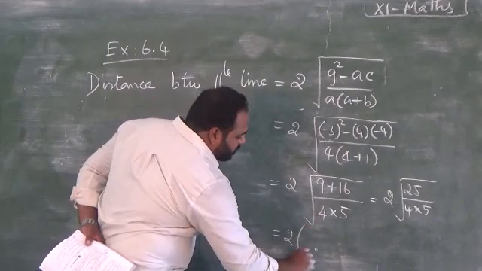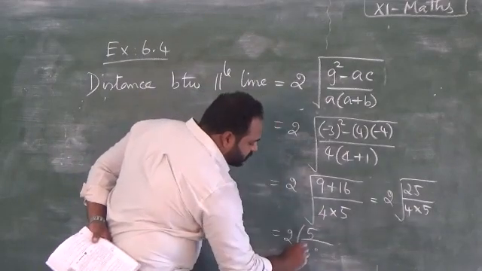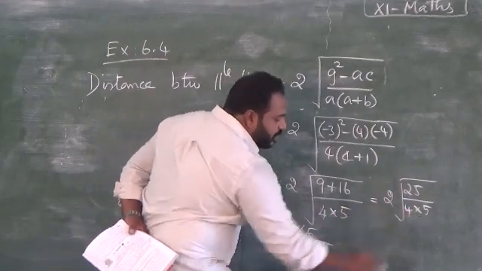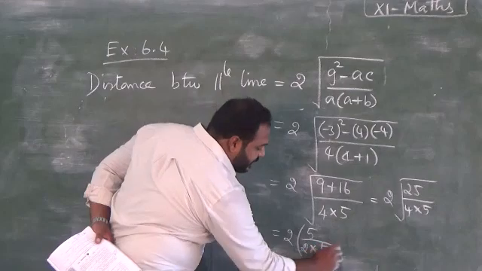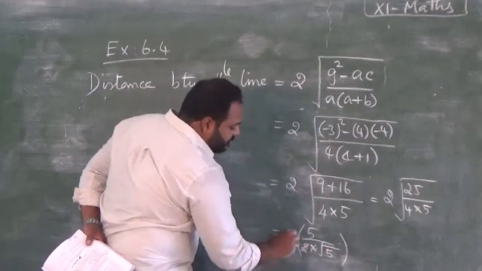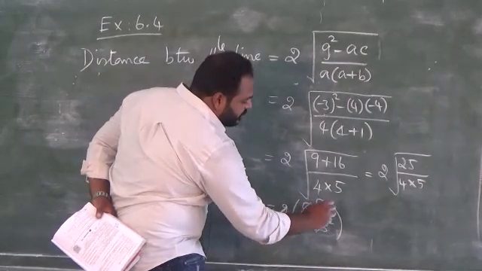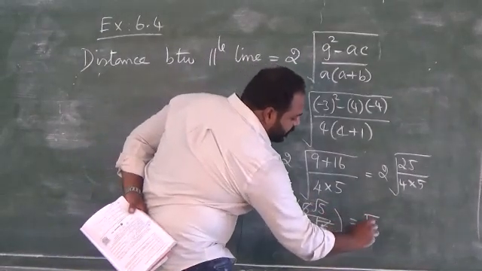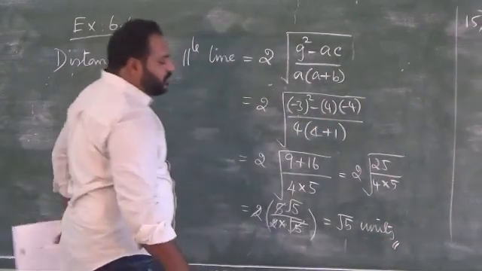Root 25 is 5 divided by 4. Square root, 2 into 5, we can't take square root for 5. So, I am going to write as it is, root 5. Here we have a cancellation. Root 5 cancel, remaining root 5. So, the distance between them is root 5 units.